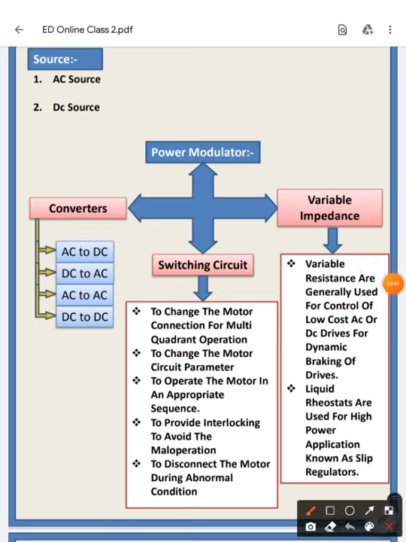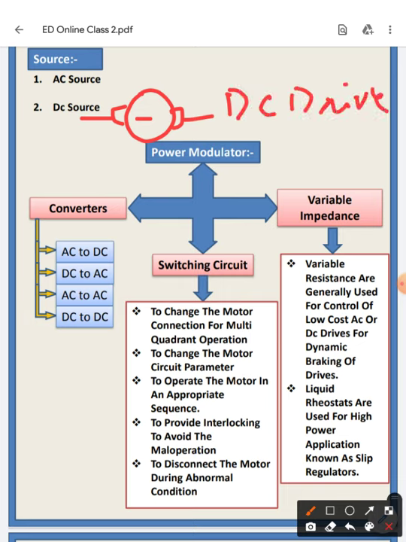If a motor is connected to the AC system, then it is an AC drive system, or you can also say an AC electrical drive system. And if a motor is connected to a DC system, then it is called a DC drive system.